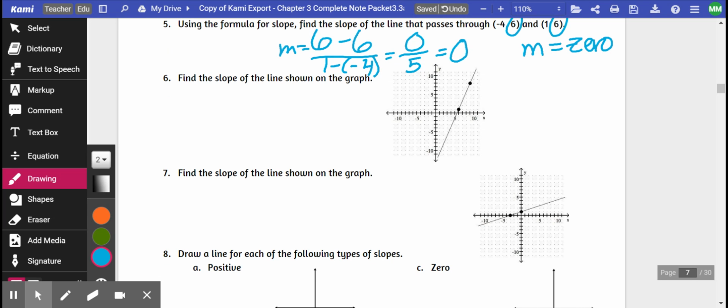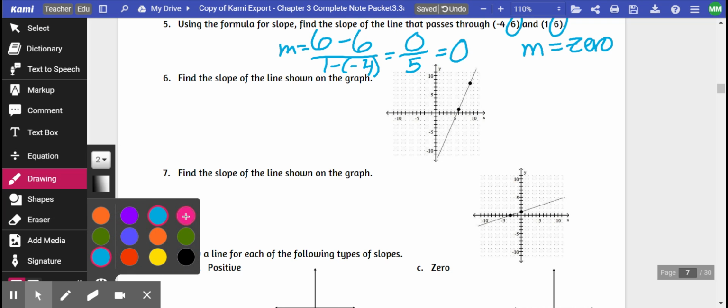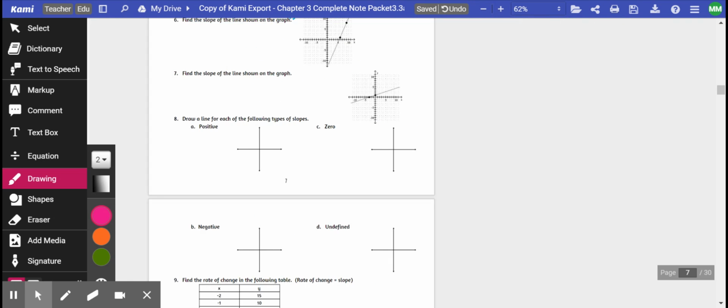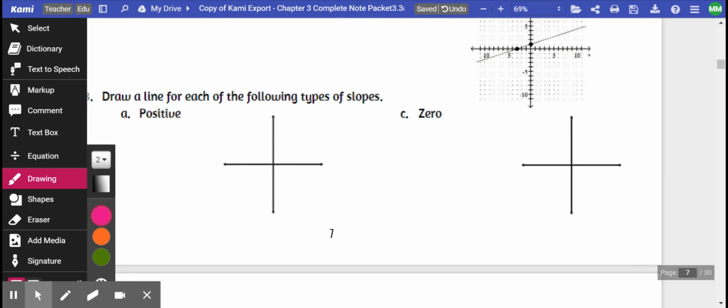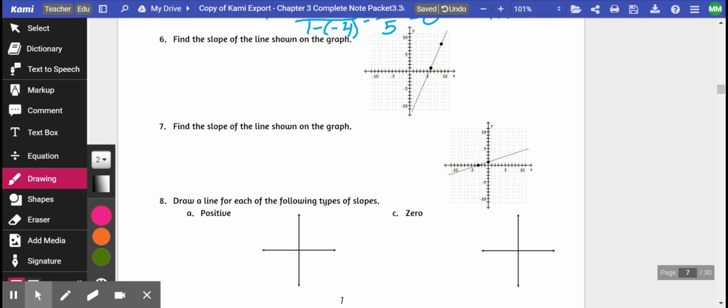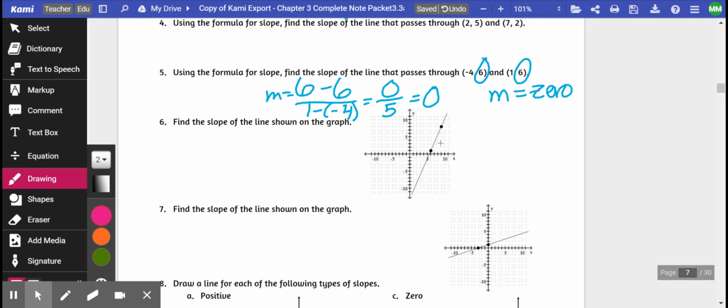All right, for this one, we're going to find the slope of the line. I can either use the graph or use the points. When I look at my graph here, I've got the first point at a height of 1, and then it goes all the way up to here, which is at a height of 8. So it went from 1 to 8, so it went up 7.